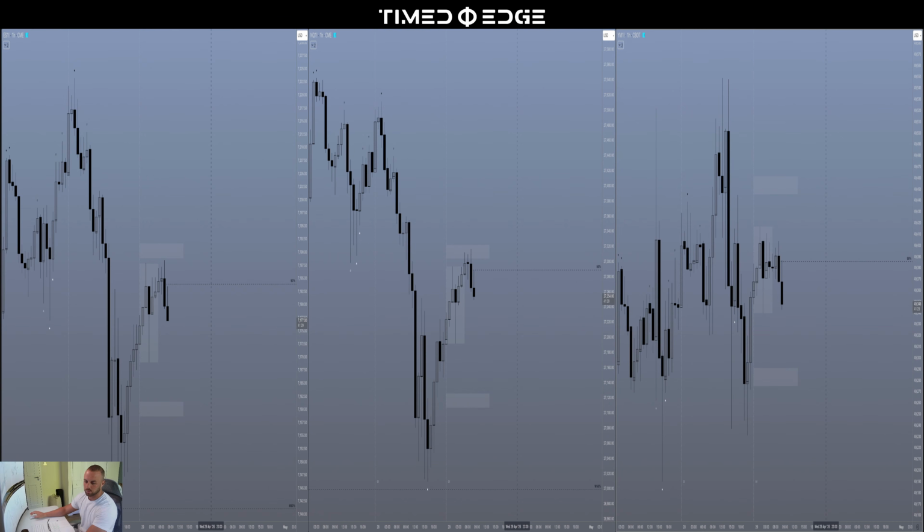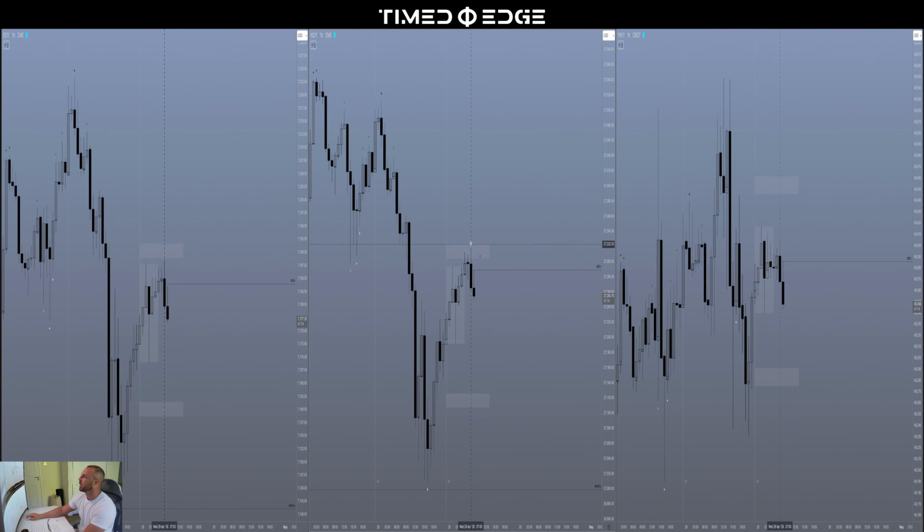That's good stuff, man. Not for the faint-hearted, is it? That's for sure. I definitely think you're in a decent trade there if you got in above this level, taking a short on NQ.